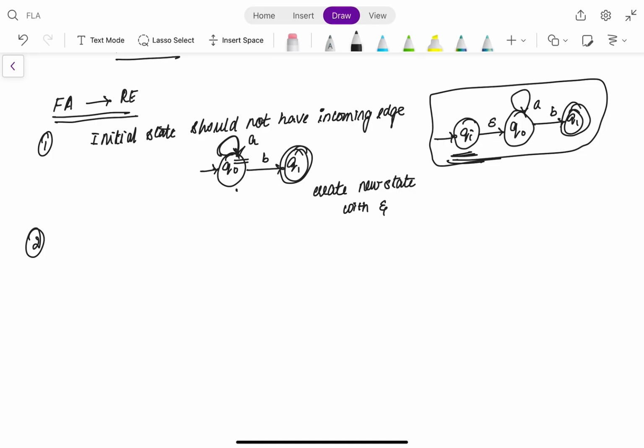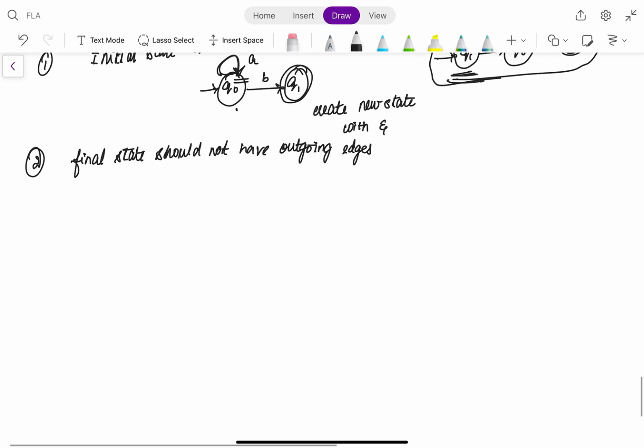The second one is: the final state should not have any outgoing edges. What do you mean by that?